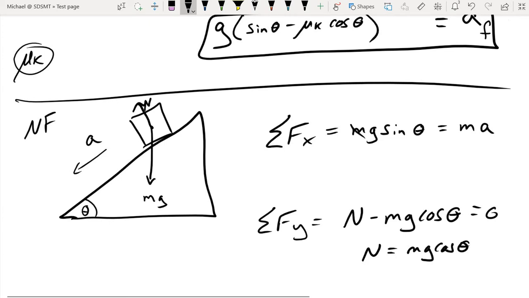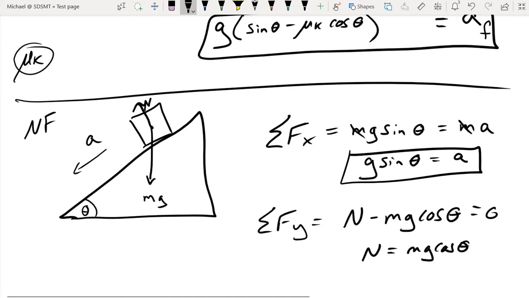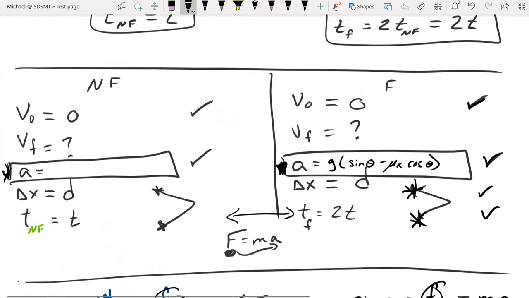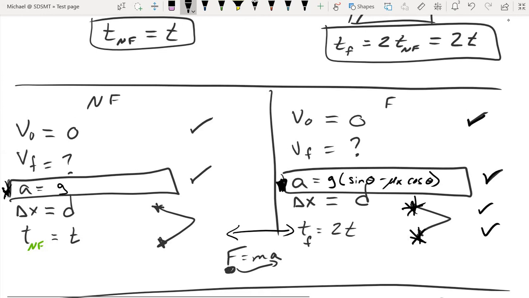And once again, I don't need to know the mass of the pig. I just get that the downhill component of acceleration is g sine theta. So all of this down here was useless. But this is now the acceleration of the pig in the non-friction case. So we're going to bring that up here, and we'll plug that in.